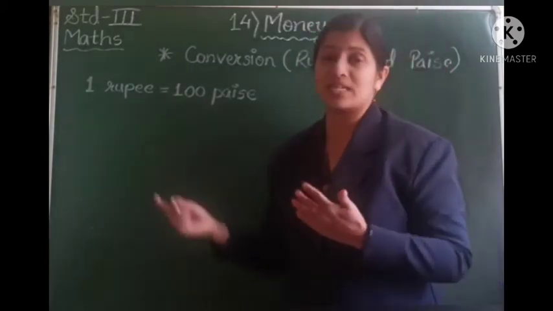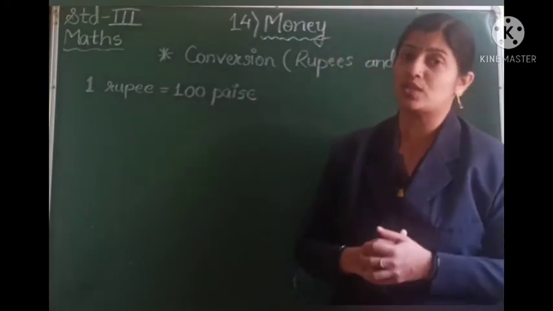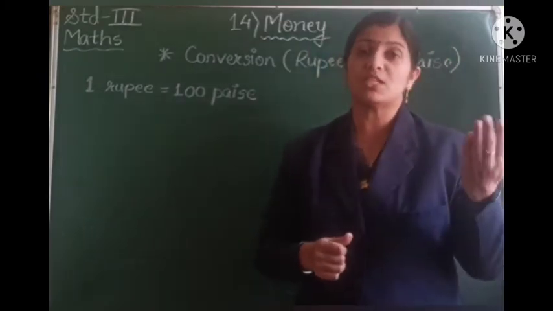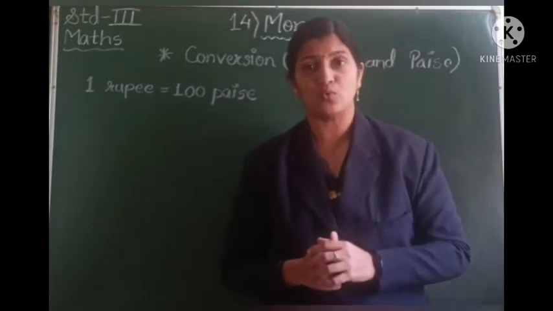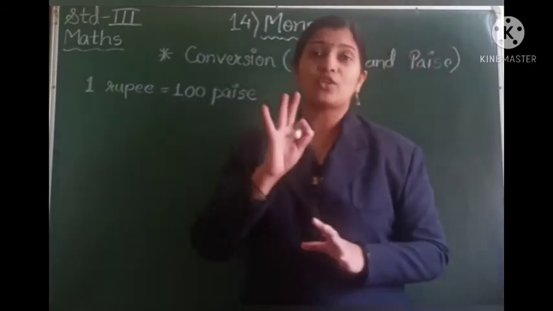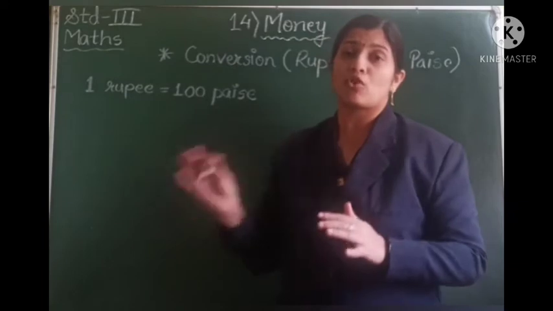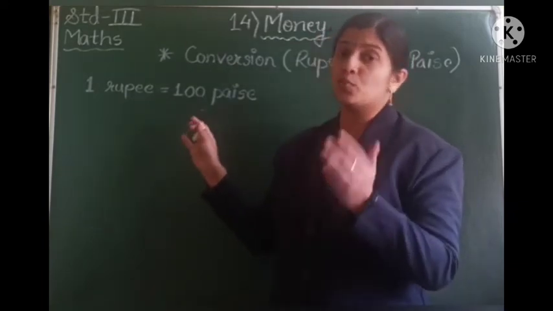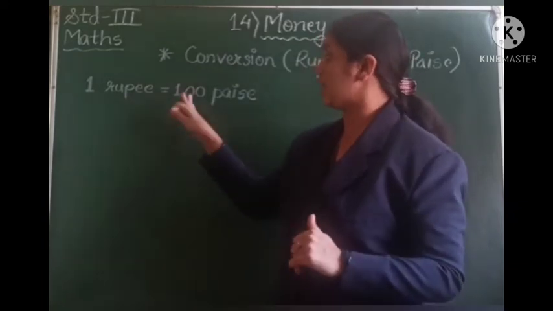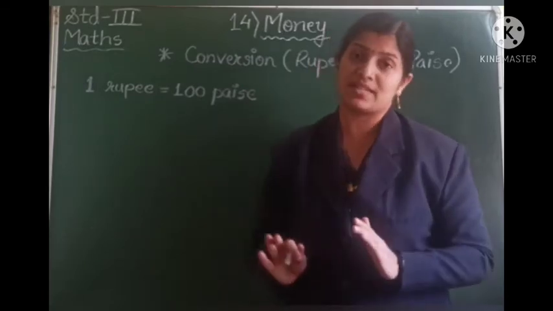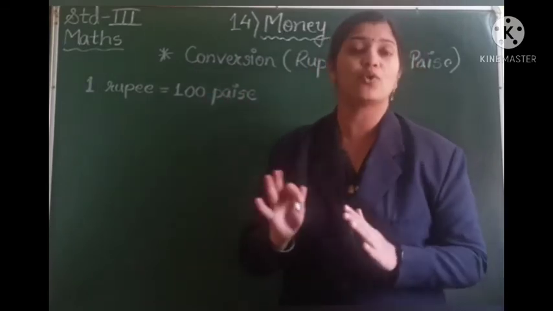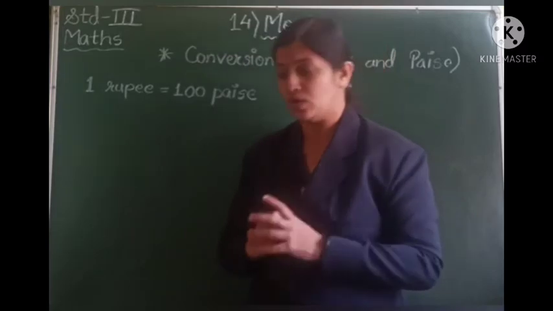Rupees to paise means bigger unit to smaller unit, and paise to rupees means from smaller unit to bigger unit. The basic knowledge that we need for converting rupees to paise is that 1 rupee is equal to 100 paise. Based on this itself we are going to see how to convert rupees into paise.